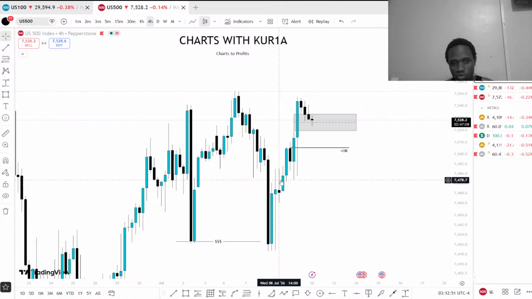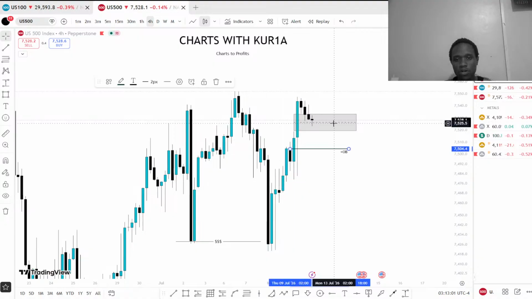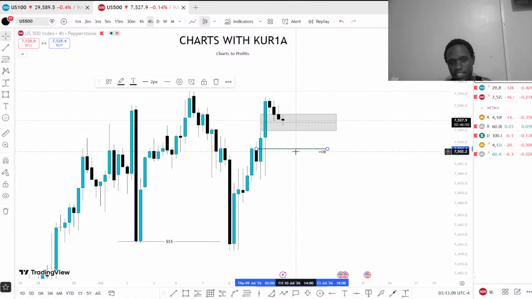Okay, so if this is an order block and this is an imbalance, and we are at 3 a.m. London session, it means that today's London session will probably give us the low of the day, or it will just generate liquidity which will be swept during the New York Open, 9:30 open manipulation, something like that.